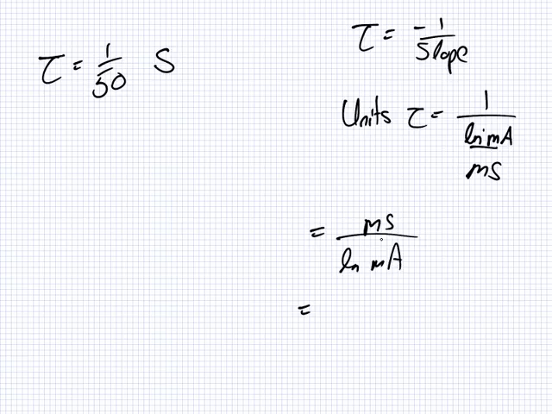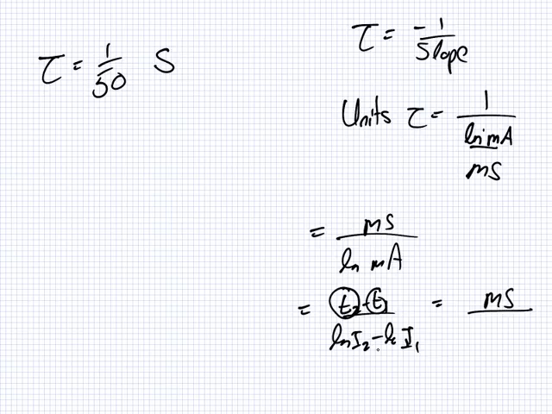So on the top, you remember it's like T2 minus T1 over log I2 minus log I1. What unit is T2 and T1? They were milliseconds, weren't they? What units were these? Log milliamps and log milliamps. So on the top we have milliseconds. But here we actually have no units.